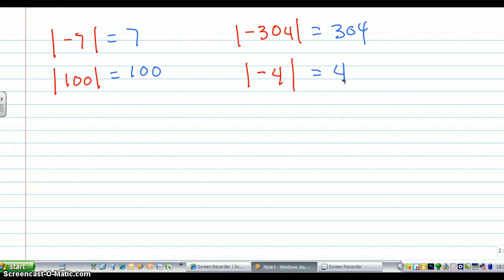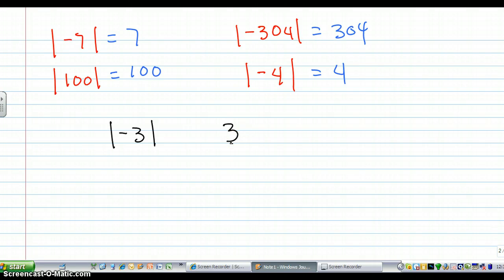Okay, so what about if I say something like the absolute value of -3, is that equal to, greater than, or less than just 3? Oh, let's just put 3.